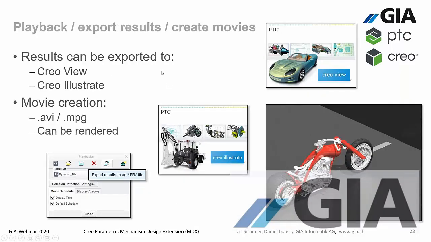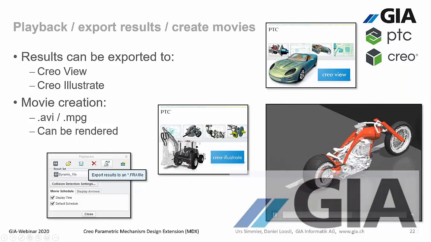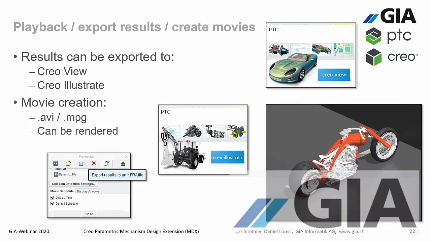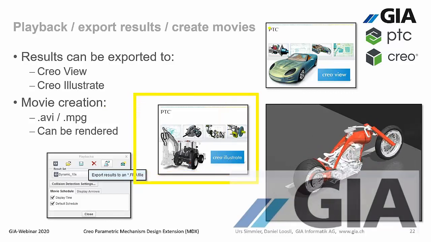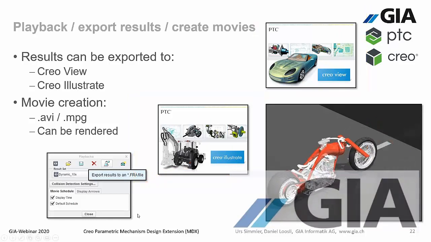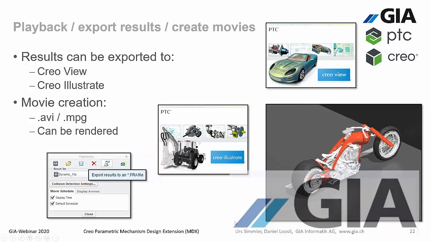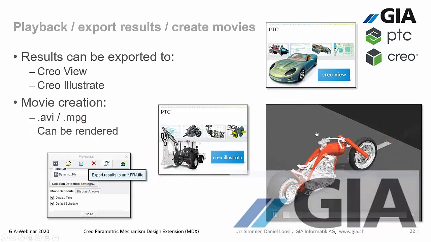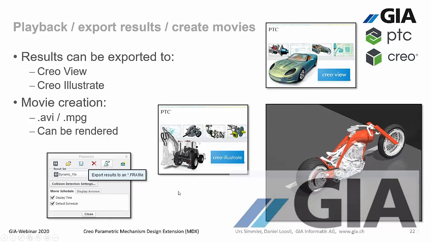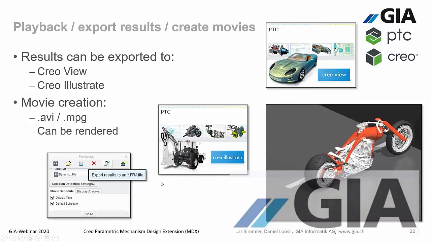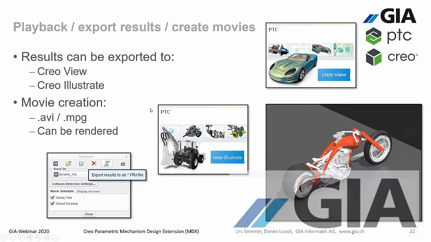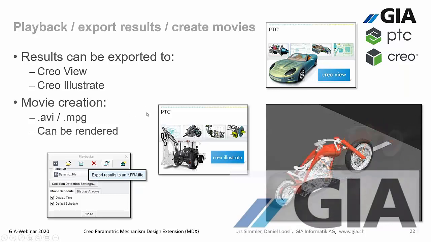Okay, when you analyze the movement behavior of your components, you can also use that movement in different PTC tools like Creo Illustrate or Creo View, and therefore you have to export the results as a FRA file, and this FRA file can be taken into Illustrate or Creo View in order to see the analyzed movement behavior of mechanism design or mechanism dynamics option.